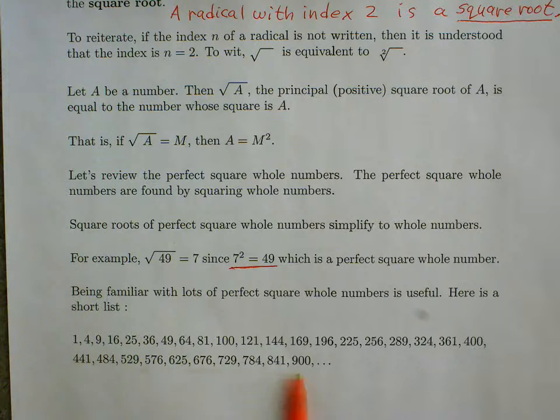If you go all the way to 900, what number would you square to get 900? Yeah, 30. 900 is 30 to the second power, or 30 squared. So if you can work on remembering or memorizing those perfect square whole numbers, that will be to your advantage.